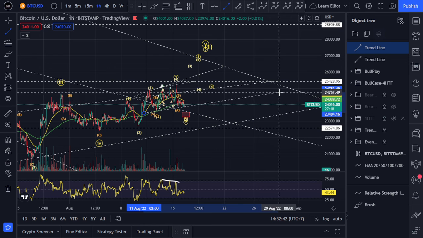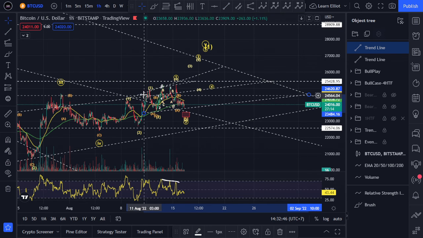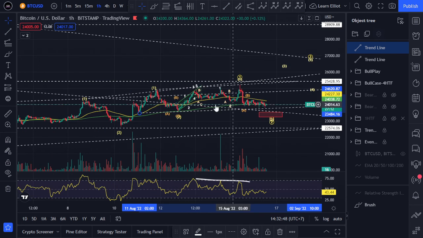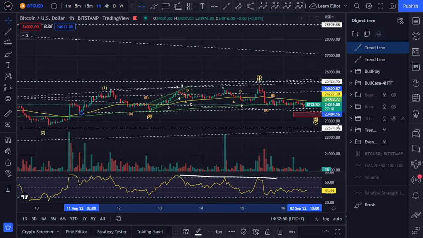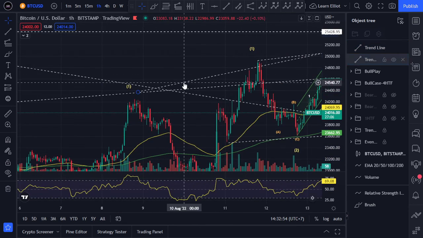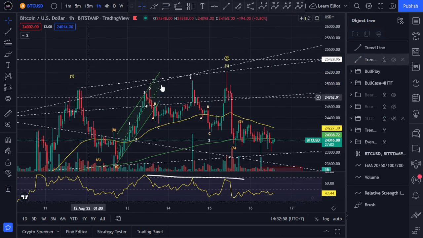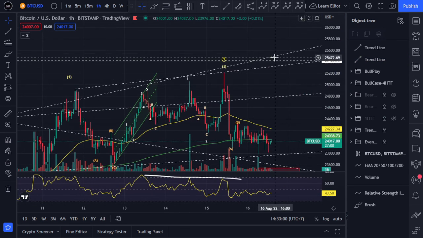Is it, or is it not? Let's see. Yeah, we actually have a leading diagonal here. So on this high here, we can presume that we reach higher.